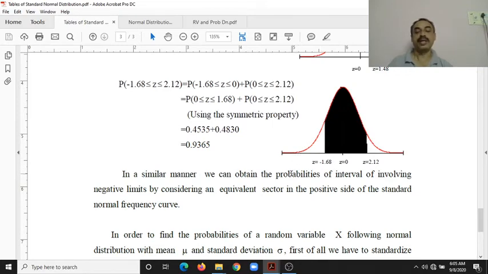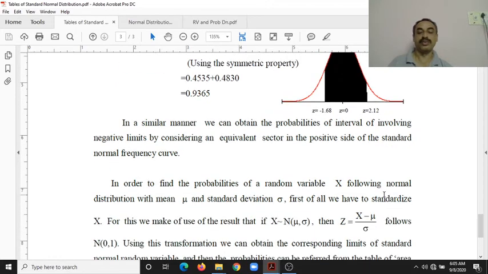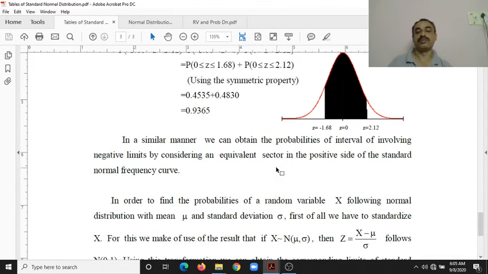There we will have to take an equivalent sector. We have to shift an equivalent sector to the right side and again refer to the tables of the standard normal distribution. Now we have considered all these cases with the help of the standard normal distribution, that is, the normal distribution with mean 0 and variance 1.